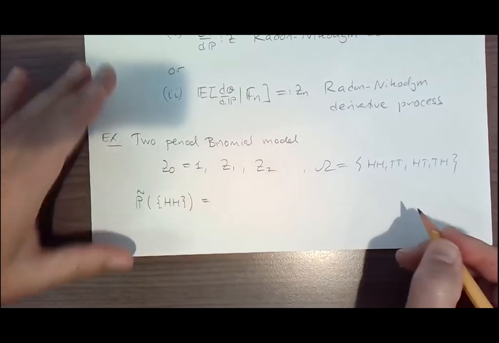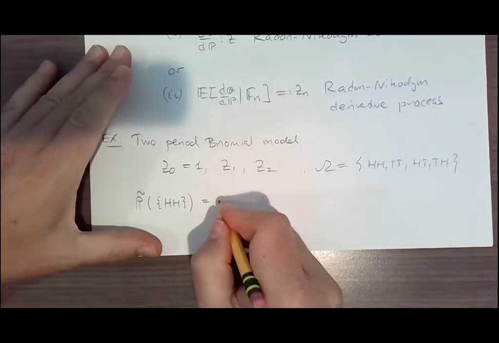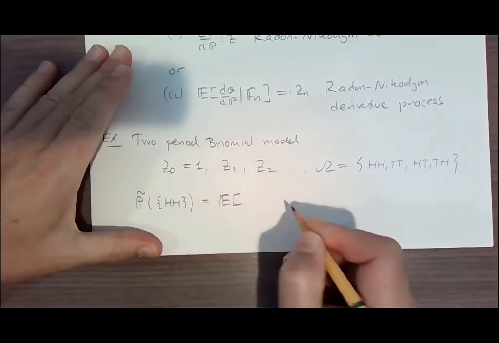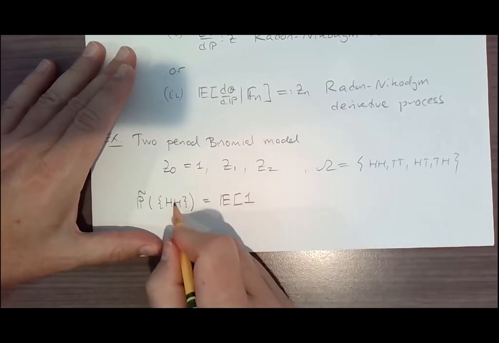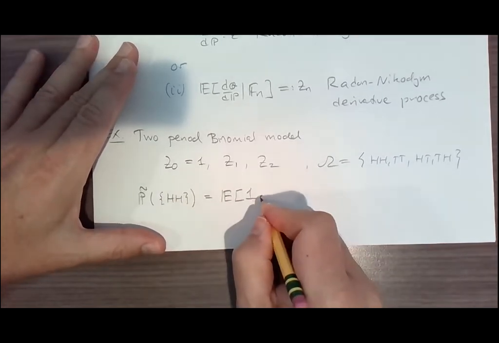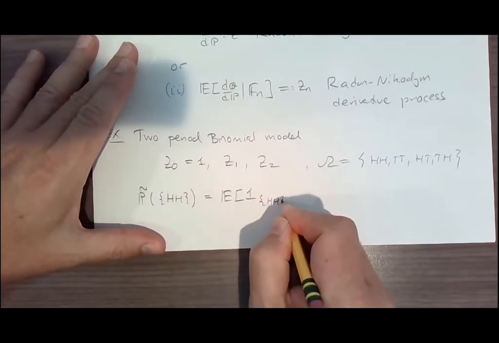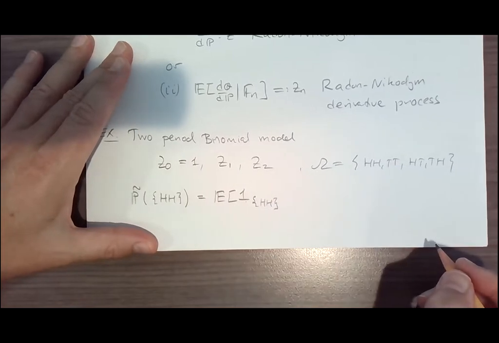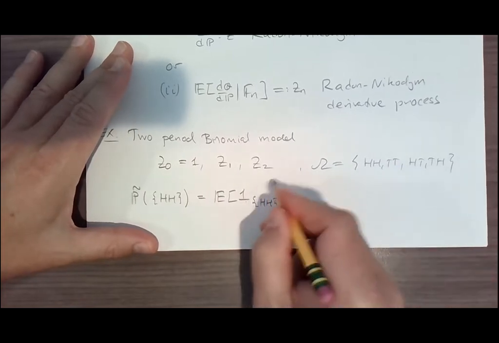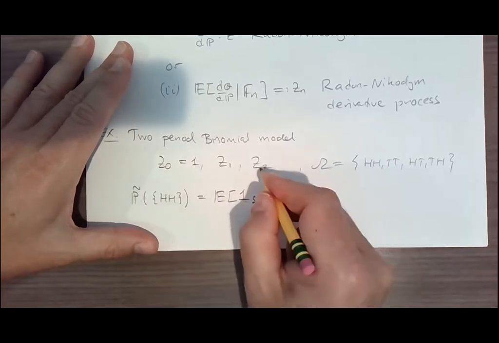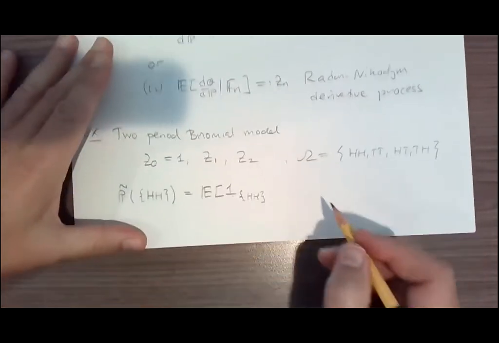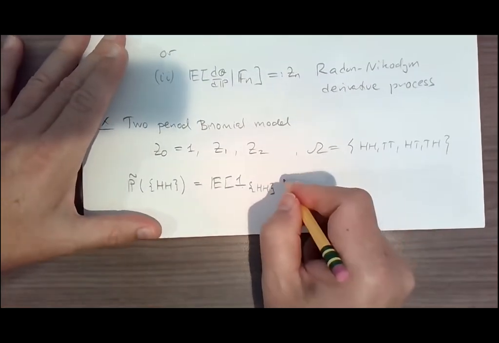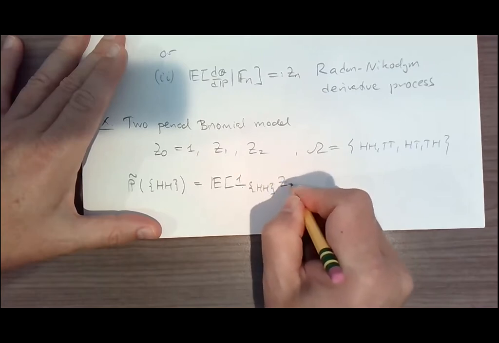Well, I want to write this as an expectation under P. Then I want to have my set, that's my indicator, and then times the Radon-Nikodym derivative. So if I'm looking to specify Z2, or dQ/dP, I could write this as Z2.